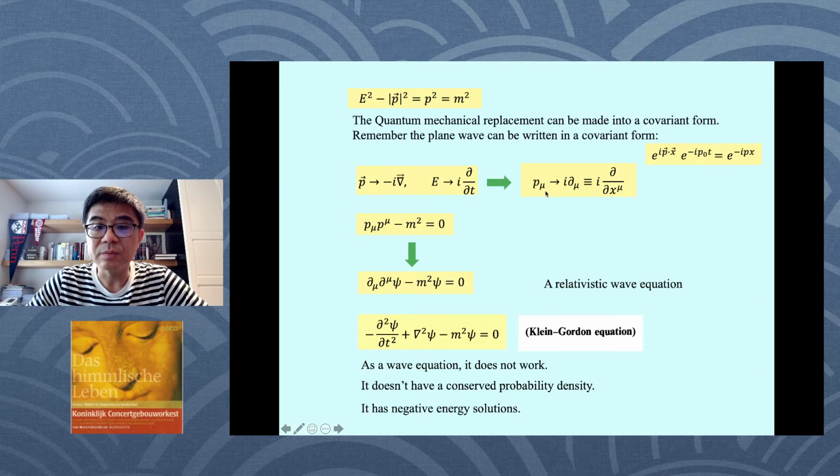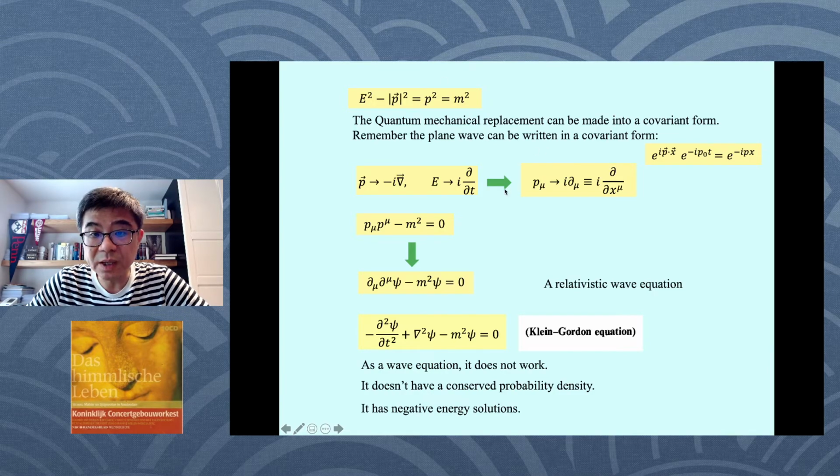You just need to remember that the momentum and energy are part of a four-momentum p mu, and therefore p mu could be replaced by the partial derivative with respect to x mu, the covariant space-time, and therefore p mu is replaced by partial mu.